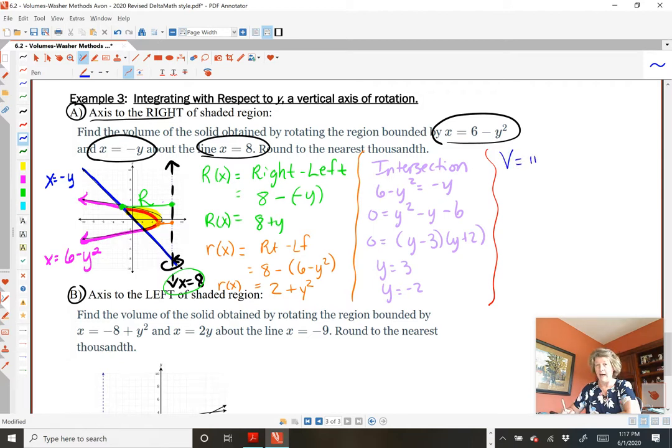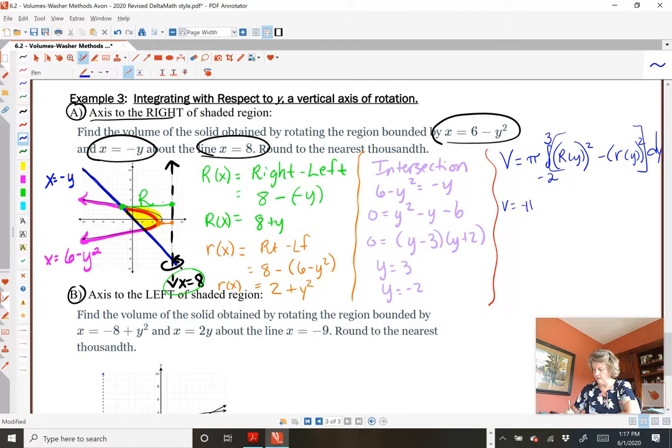Volume equals pi integral from negative 2 to 3 big R of y squared. Oops, right for me. Let me try again. Big R of y squared minus little r of y squared, all multiplied by dy.